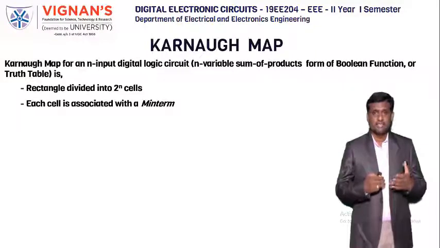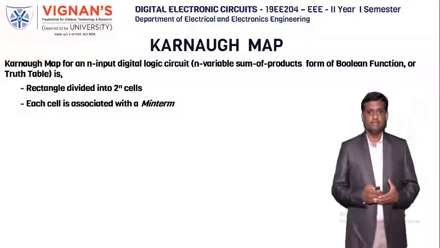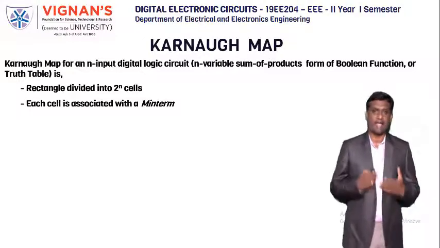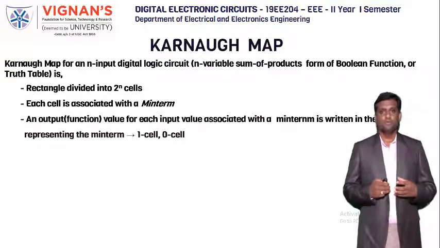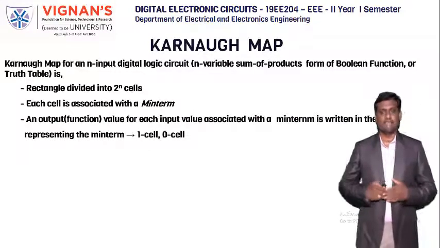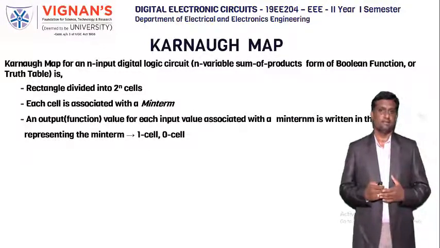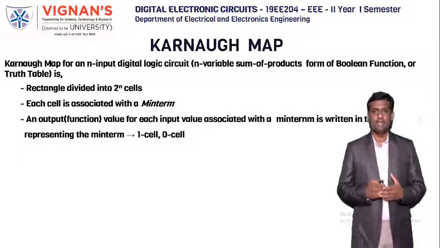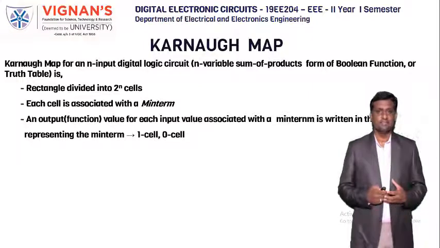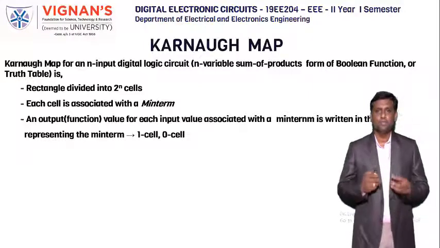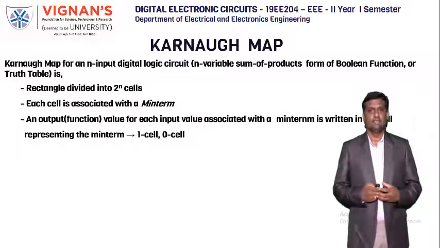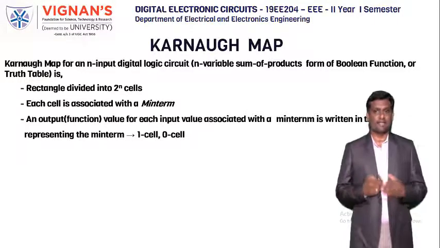That's why in this cell representation, each cell is associated with a min term or max term. From the standard form of expression or from the truth table, we can associate input to the corresponding cell.